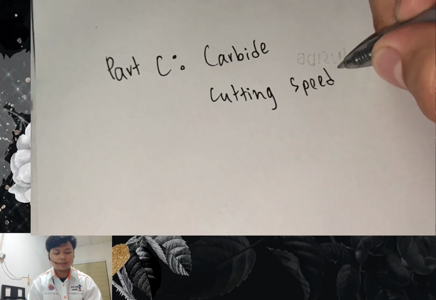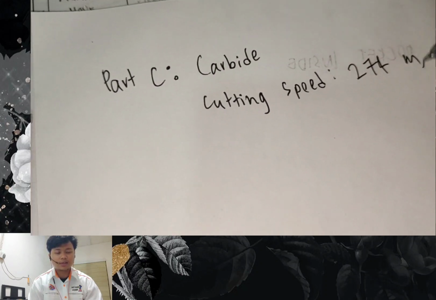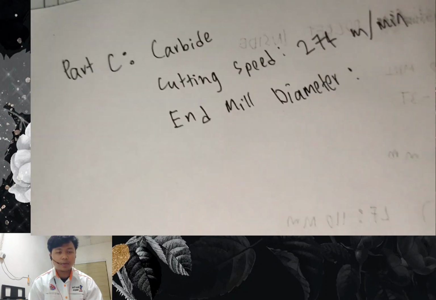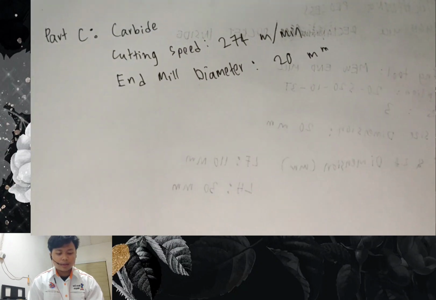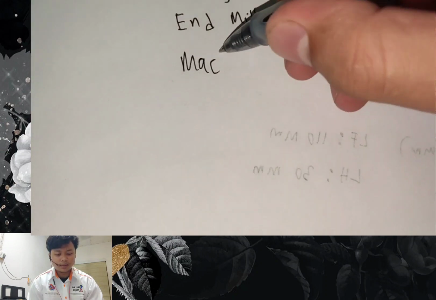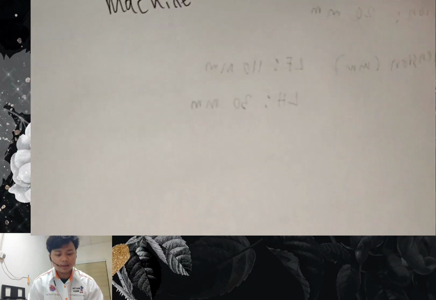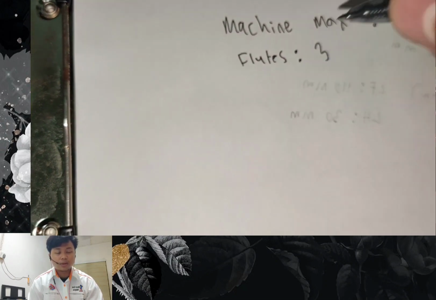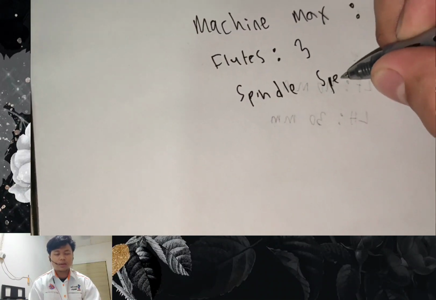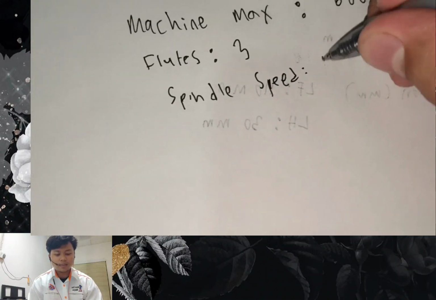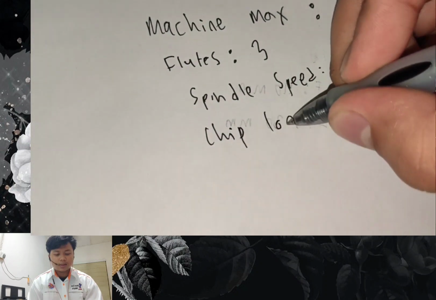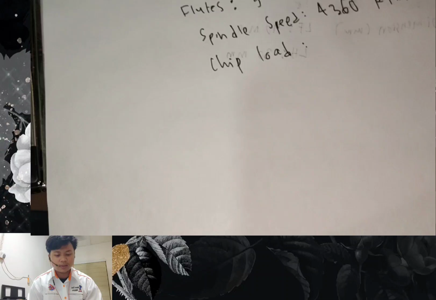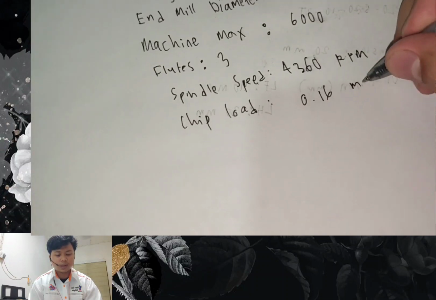For the cutting speed, we set the cutting speed to 274 meter per minute, and for the end mill diameter, we set it to 20 millimeter, and for the machine max, it was 6000, and for the flute we set it to 3.